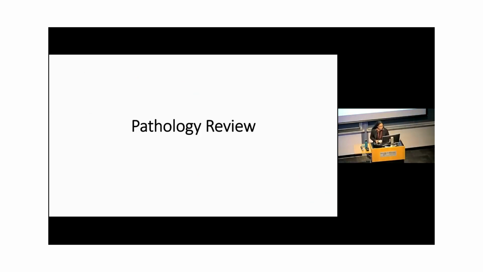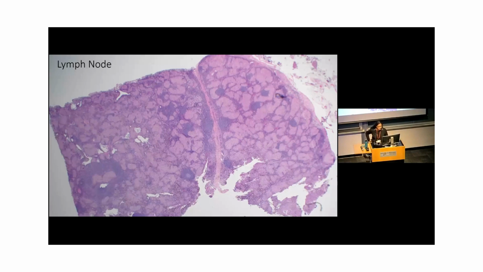From the pathology perspective, the lymph node biopsy from station 7 shows a disruption of the normal nodal architecture, as seen here, by a collection of dense clusters of cells with light pink or eosinophilic cytoplasm.